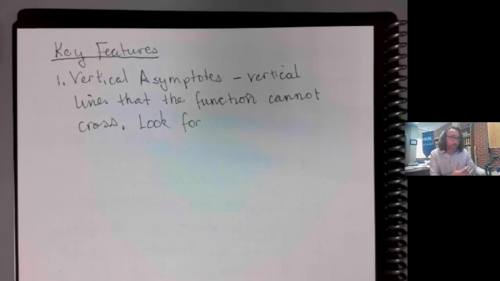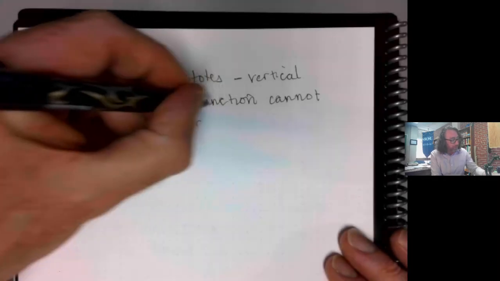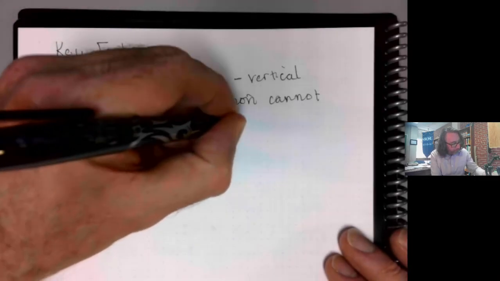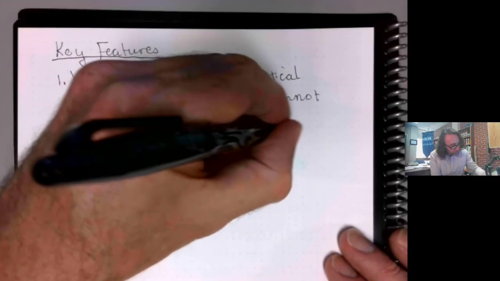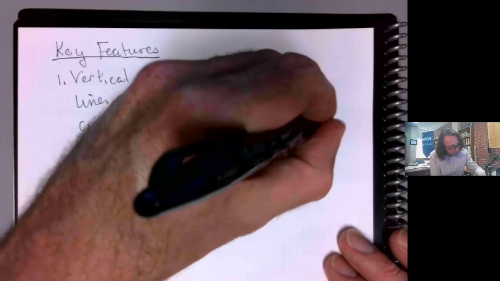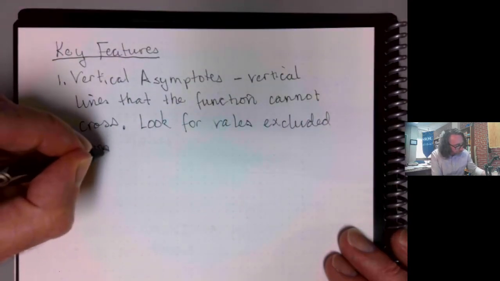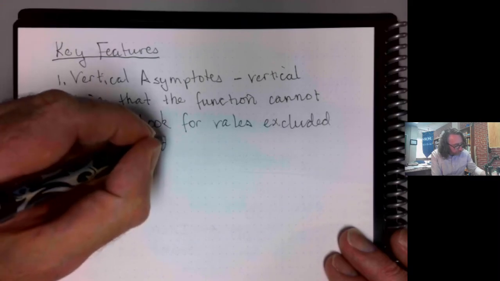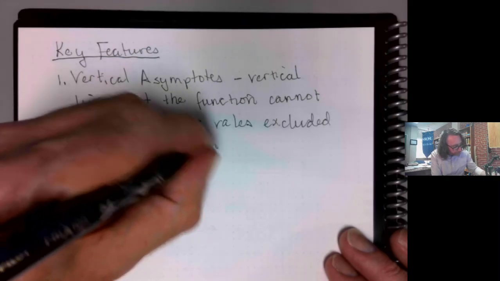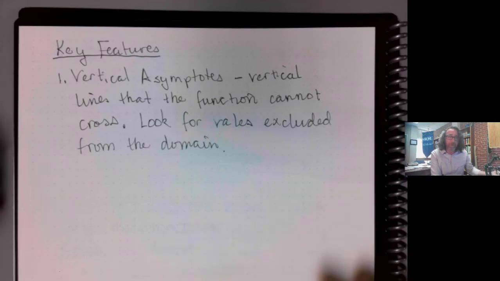If you're looking for where the vertical asymptotes are for a rational function, you should look for values excluded from the domain. In other words, values that make the denominator 0.